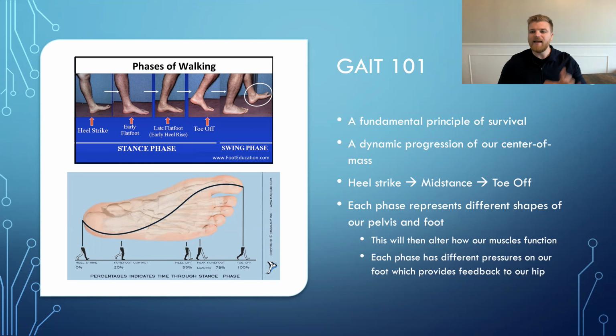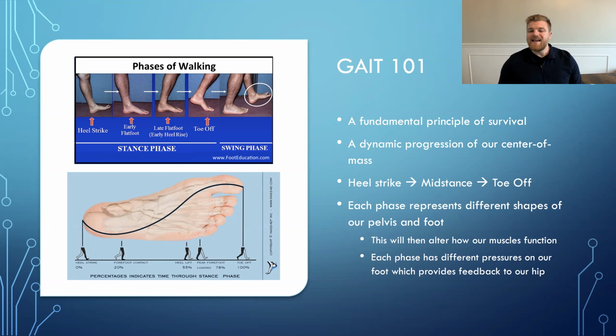And with that, each different phase of gait has a change of the foot structure, of the pelvis structure, because what we need to do is absorb ground reaction forces. As soon as our foot hits the ground, we then have to absorb that force. And by doing so, we have to change our joint position and our muscle activity in order to absorb those forces and then redistribute them into the tendons to allow us to propel ourselves forward.